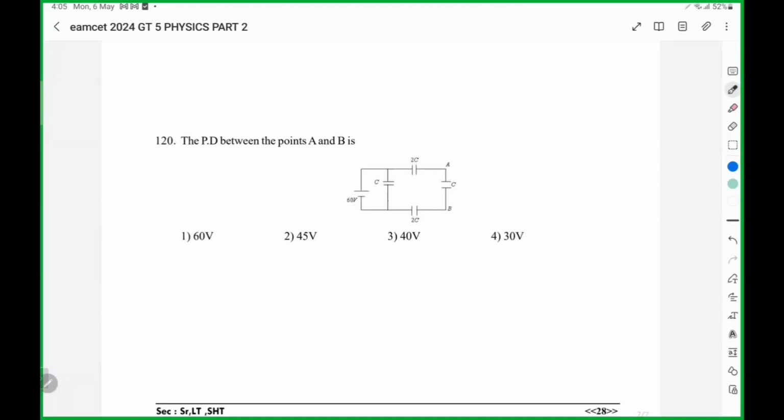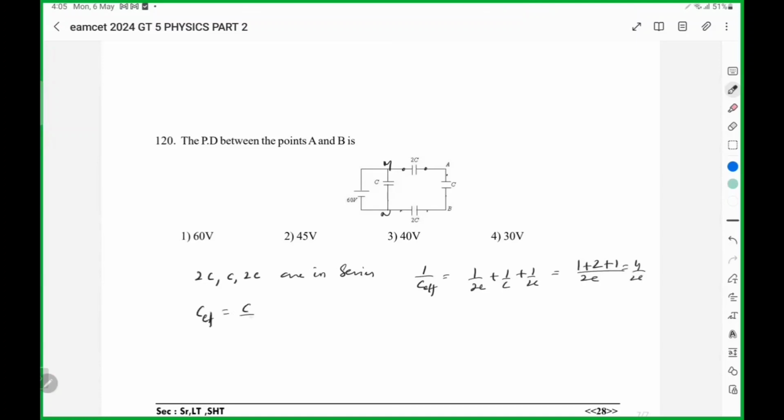Here, potential difference across AB. These three are in series: potential difference across 2C, potential difference across C, potential difference across 2C. Here 2C, C, 2C are in series. 1 by C effective will be 1 by 2C plus 1 by C plus 1 by 2C. 1 plus 2 plus 1, 4 by 2C.